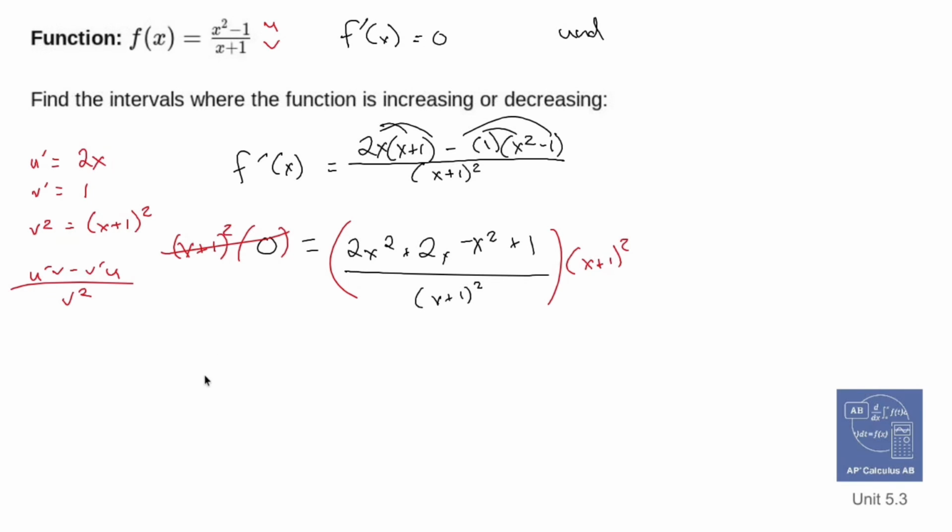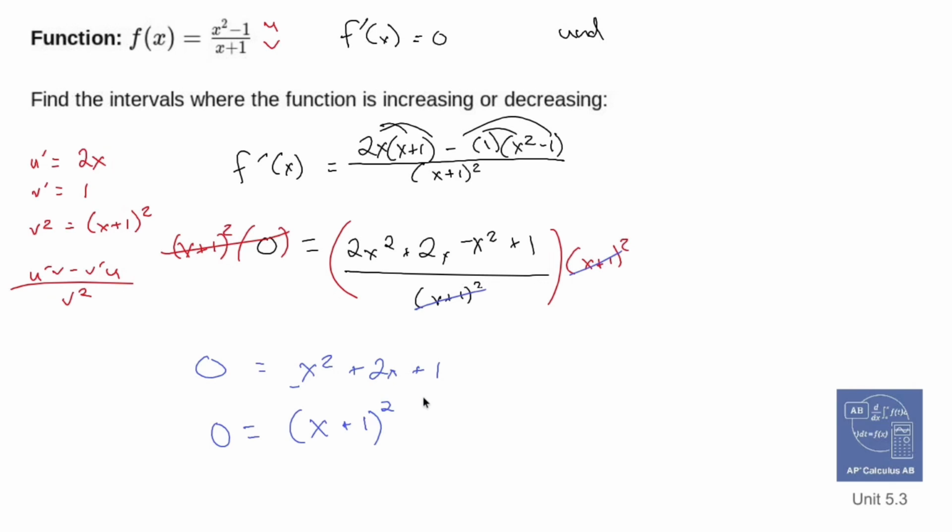So 0 on the left, you're gone. We have 2x squared minus regular x squared is going to equal x squared plus 2x plus 1. That's it. I was going to put all over something, but we're not going to put it all over something. That is a perfect square trinomial. So 0 is going to equal x plus 1 squared.